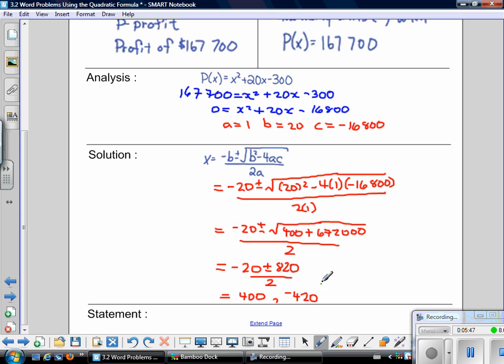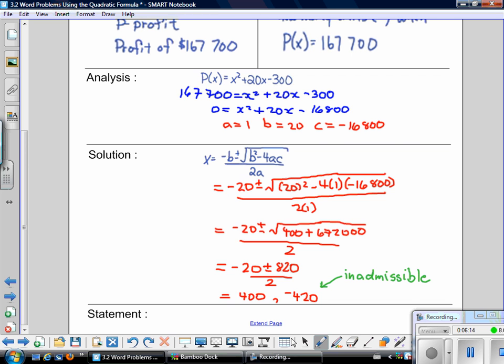So this number is inadmissible, because we cannot have a negative number. And so you do have to say that it's not allowed, inadmissible. You just can't just ignore it completely. Okay, so that number is inadmissible.